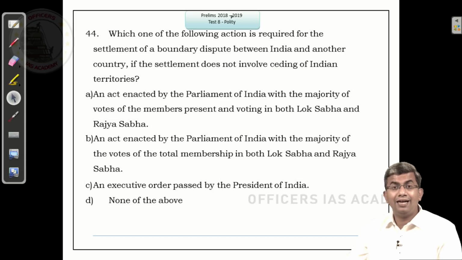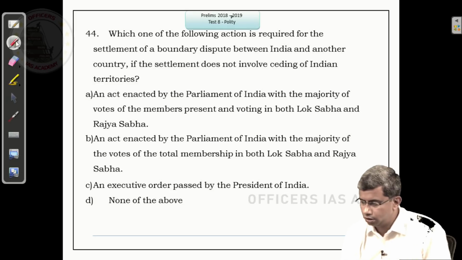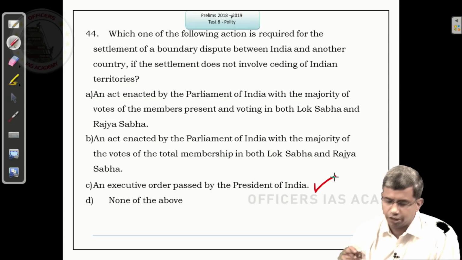But this is where it does not involve ceding of Indian territory. So simple, an executive order passed by the President of India based on the advice of Council of Ministers is sufficient. There is no act of parliament or constitutional amendment that is required. So the correct answer for this is C, right?